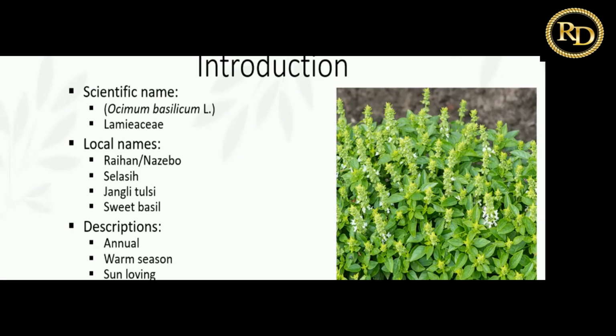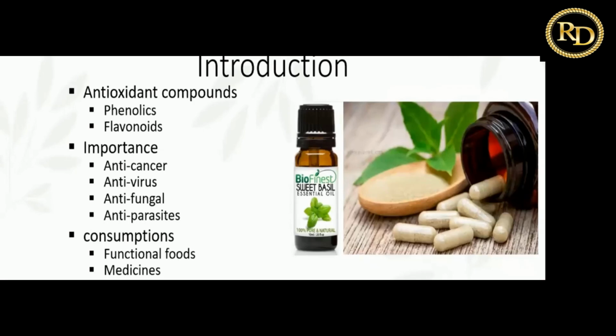Therefore, by optimizing temperature and solvent concentrations, the optimum amount of antioxidant compounds will be extracted from sweet basil. This study aimed to establish a suitable extraction technique through the optimization of different levels of temperature and concentrations of ethanol.